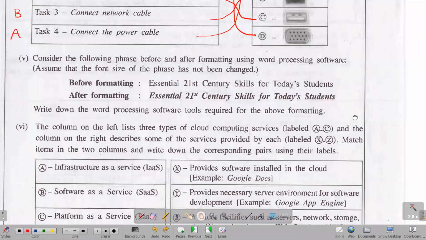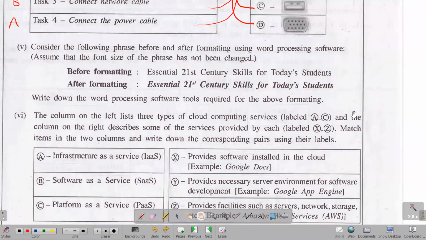And the 5th part: consider the following phrase before and after formatting using the word processing software. Assume that the font size of the phrase has not been changed. Write down the word processing software tools required for the above formatting. You can see it is bold, so the bold tool is needed, right?